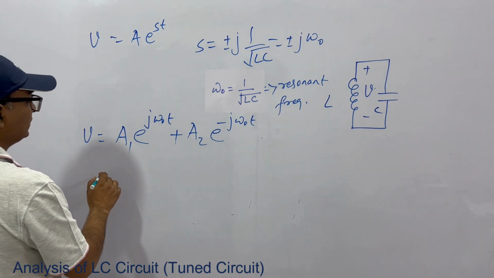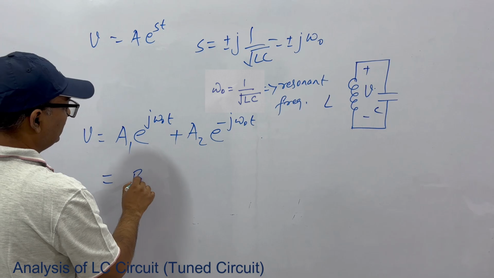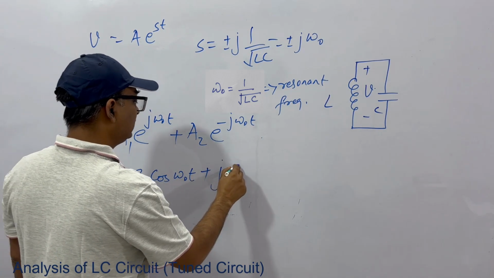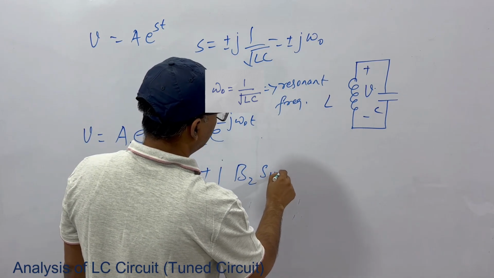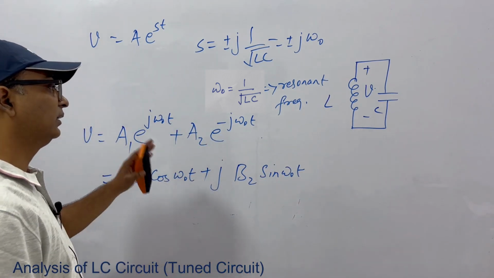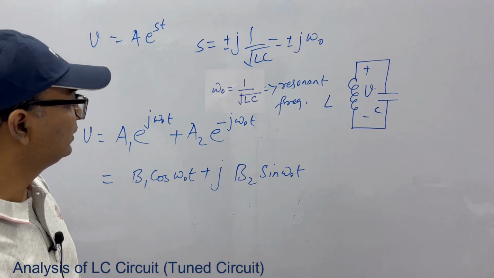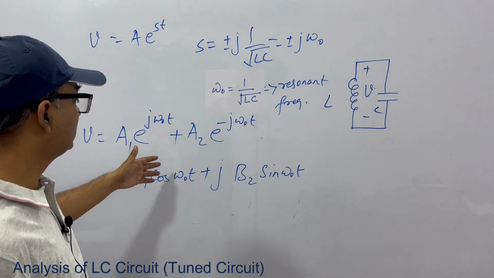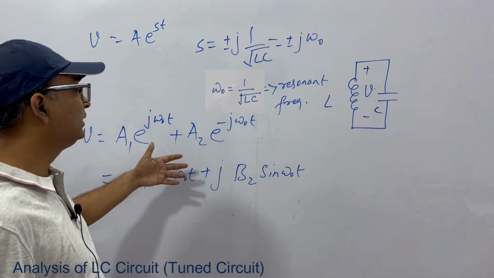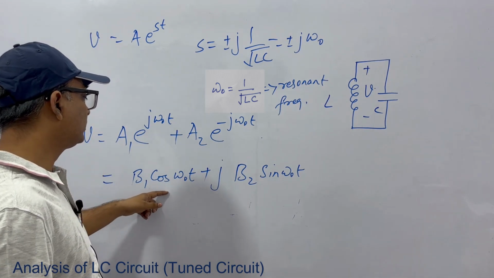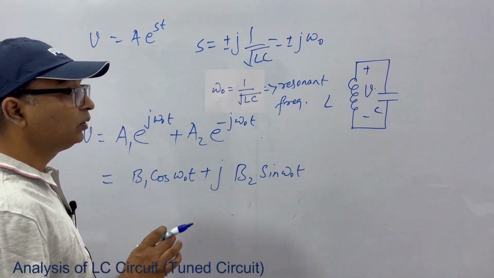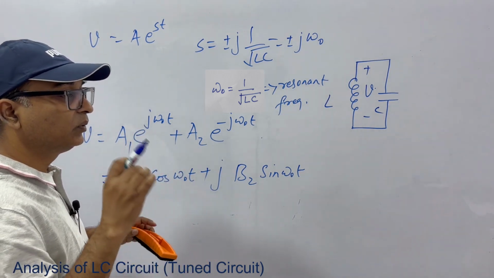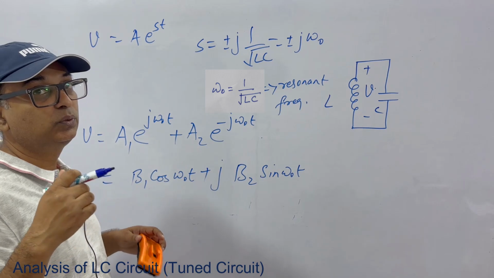And in terms of cos and sine waves, you can write B1 cos omega 0t plus j B2 sine omega 0t, the way we did in the last section. If you do like that, you will get this equation. So you should keep this equation for the LC circuit. Actually, what this equation essentially means is that the result is a non-decaying wave of cosine and sine waves. Non-decaying means this wave does not decay. Once started, it will continue to infinity.